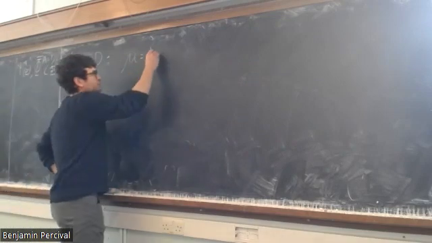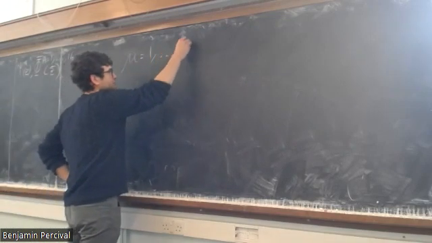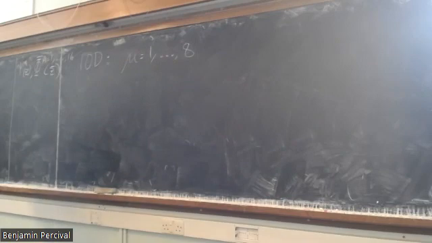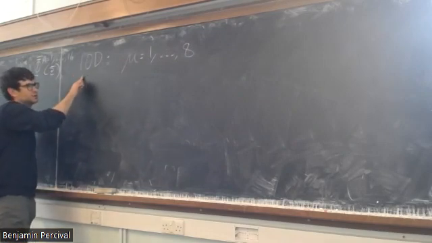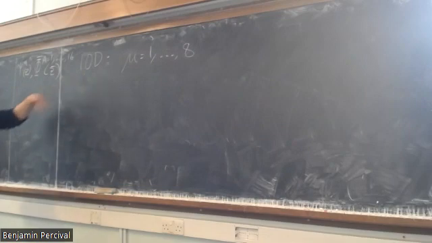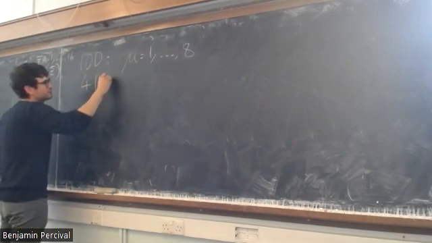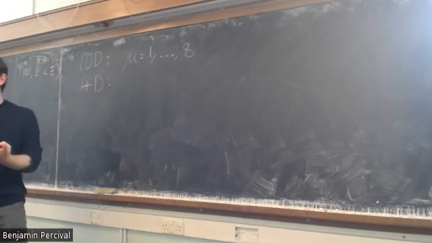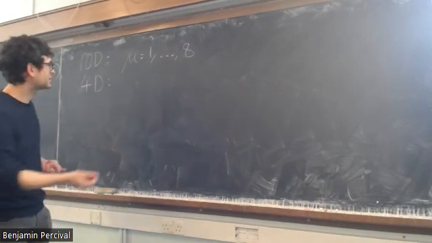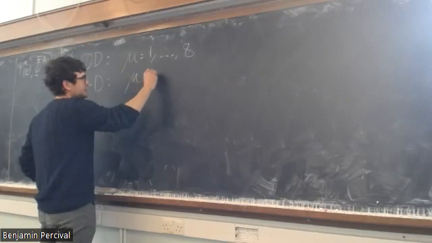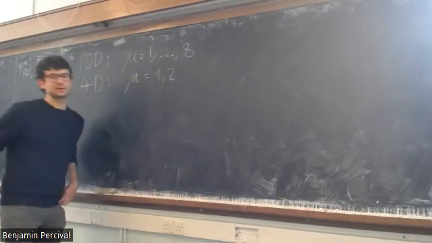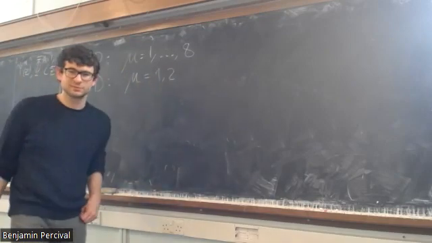So mu is from 1 to 8. In 4D we expect there to be 2 transverse directions, so if we're in the light cone gauge again, we could just say mu is from 1 to 2.